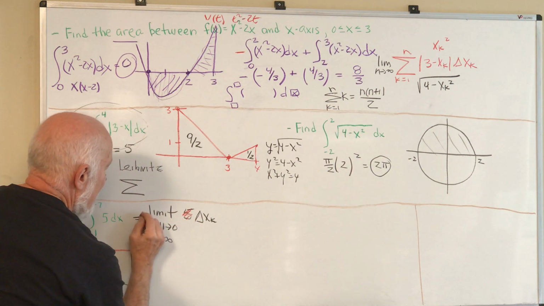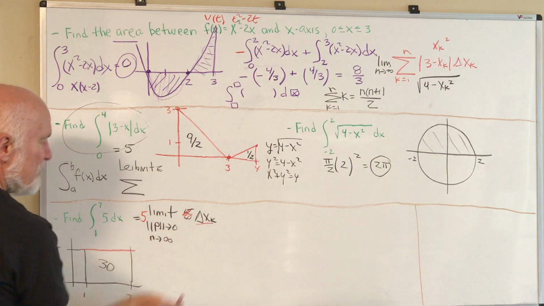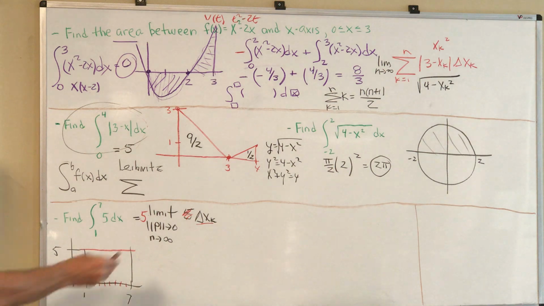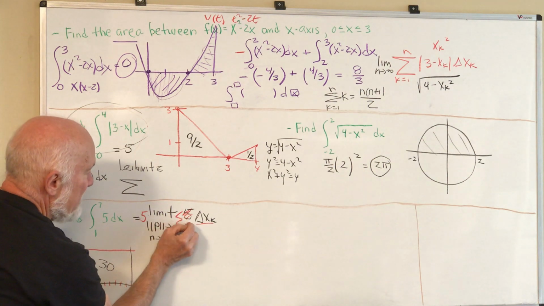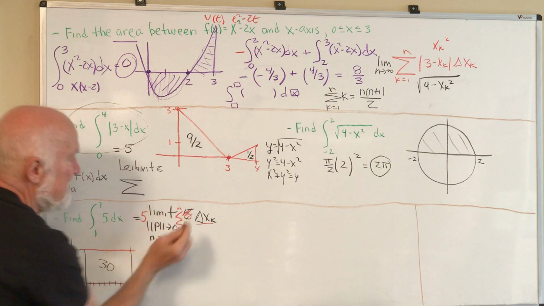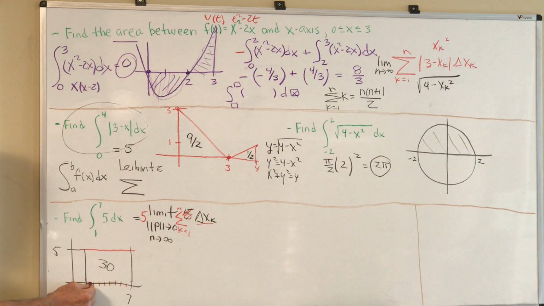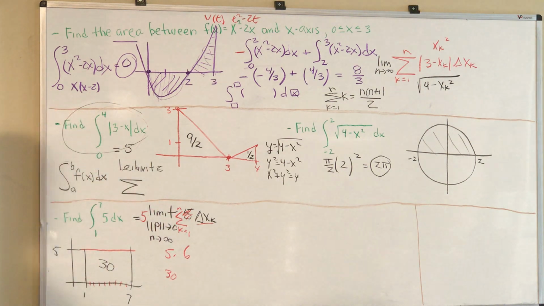So I could just move that out front of the limit. And what happens if you add up all these little delta x sub k's, no matter how you divide up from 1 to 7? I forgot to put in the summation sign from k equals 1 to n. If you add up all these little heights times widths, you can see the total width is just going to be from 1 to 7, or 6. So you get 5 times 6, or 30.